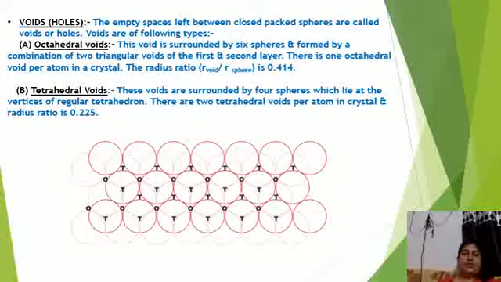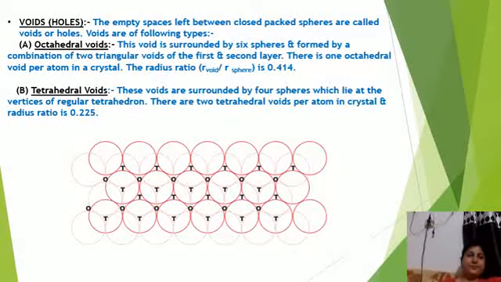Now I'm going to continue the chapter. The next topic is voids. What are voids? What do you mean by voids? See beta, we all know very well that in solids the intermolecular space is very less.